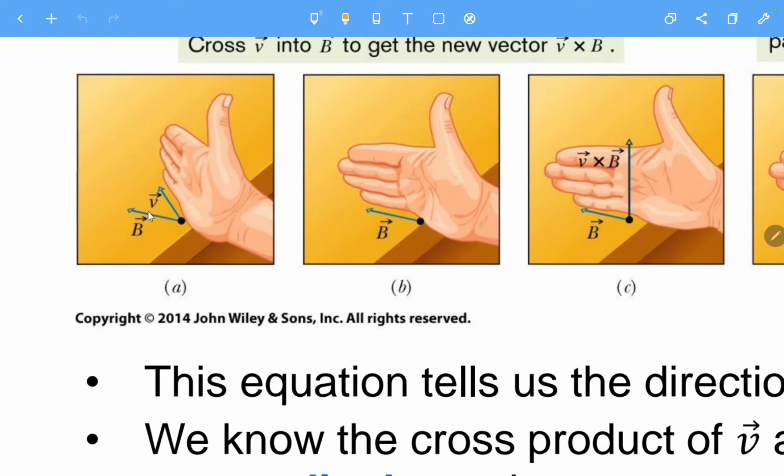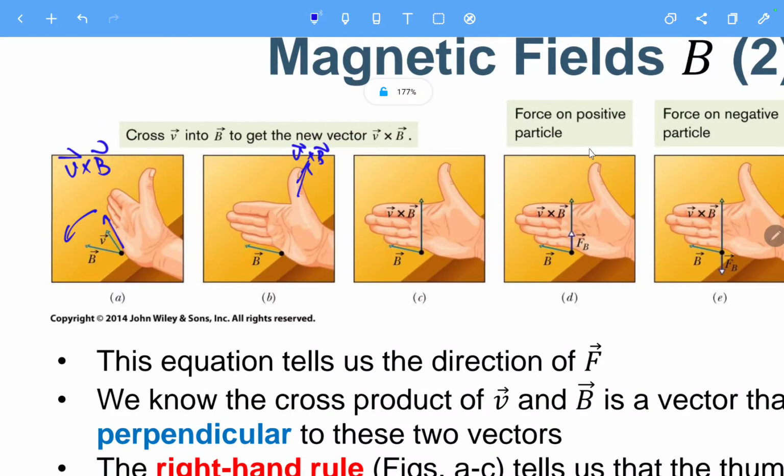We use our four fingers, point them in the direction of V, and then sweep them toward B. In this case, your thumb will point in the direction of V cross B. So this is how the cross product works.